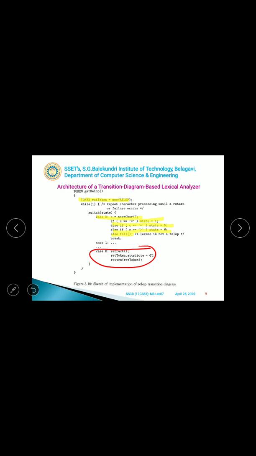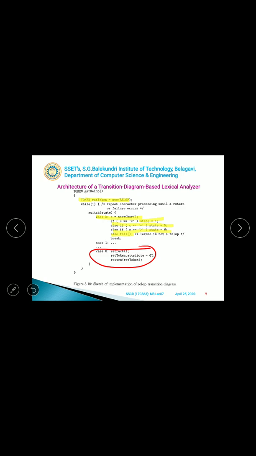Assume that you consume a greater than symbol, so according to the Pascal programming language, you have got a less than and greater than symbol, which means it's a not equal. Then you will be coming to state number 3 by consuming less than and greater than symbols. There you can write whatever code you wrote for case 8, the same thing, but the only difference is that the attribute is going to be NE. Like that it is going to be continued.